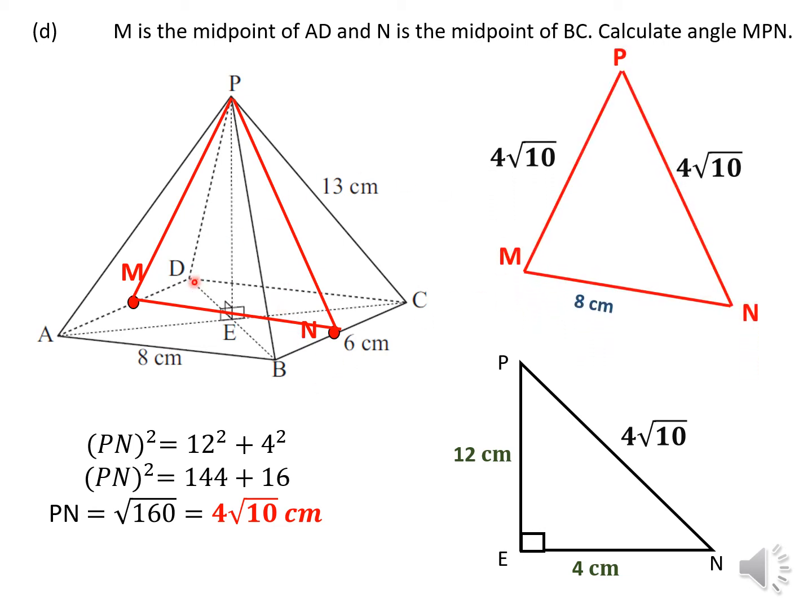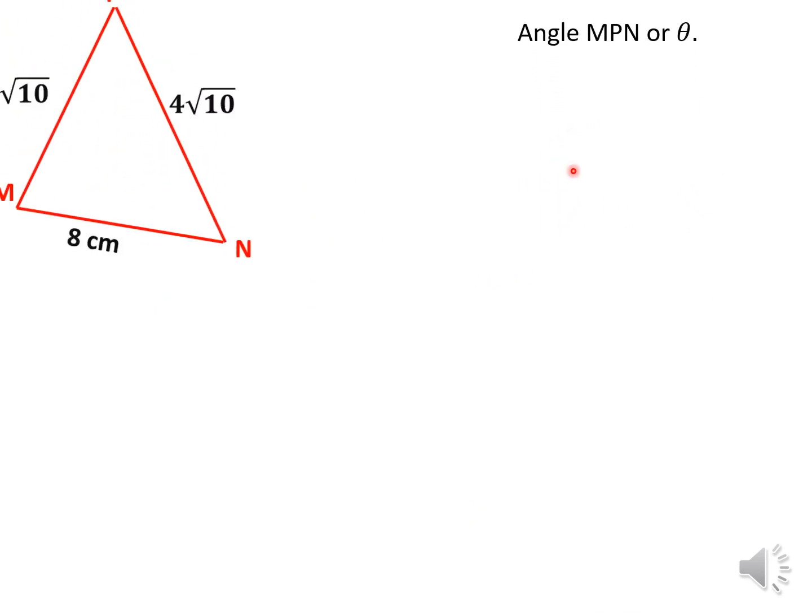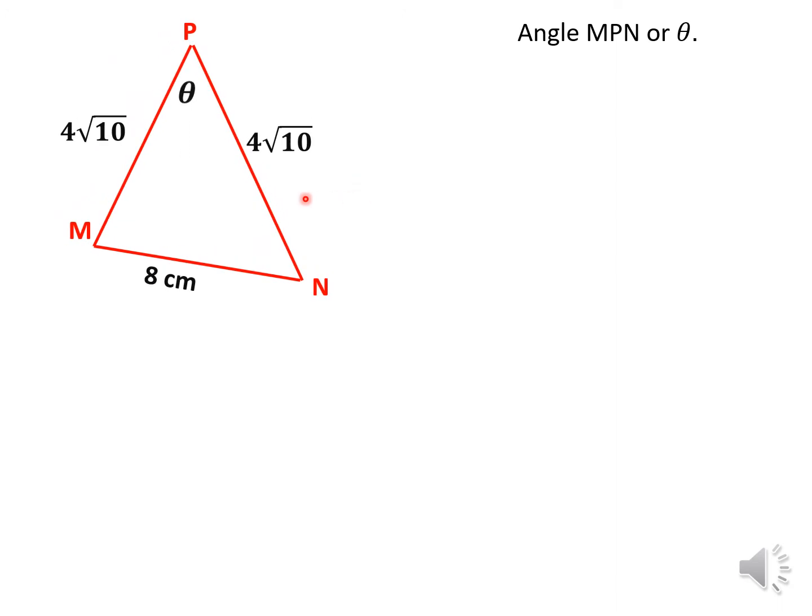Let me bring that red part in here. What we need to find now is this particular angle, theta here. In order to find theta, we have got everything else.